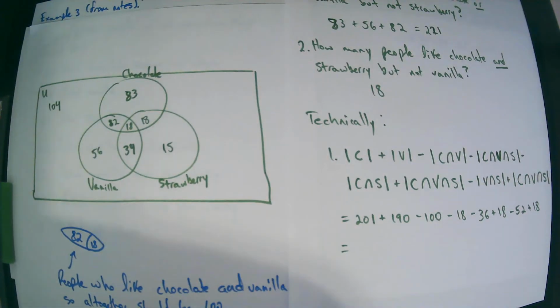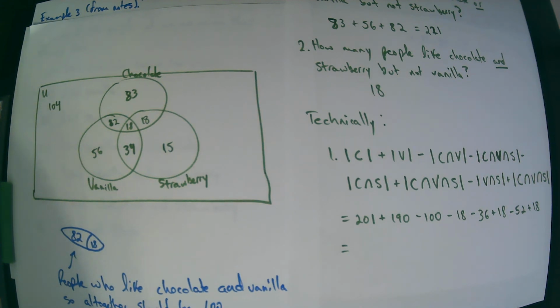And let's see how this all works out. So 201 plus 190, minus 100, minus 18.